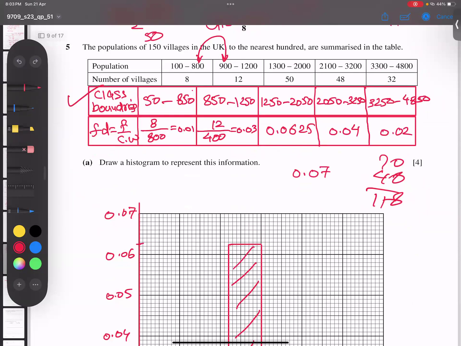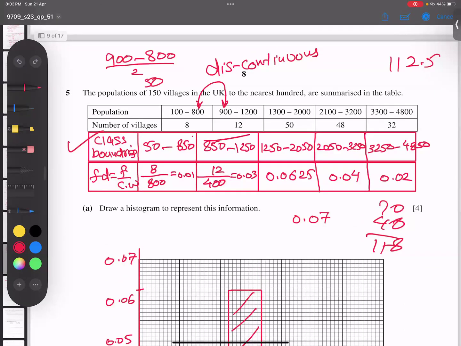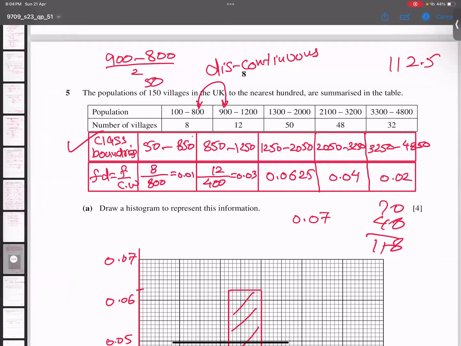Where is 112.5? 8 plus 20, 20 plus 70, 70 plus 48, okay. This crossing, sorry. So we have our answer in this section. If I check in this section, wait a minute.